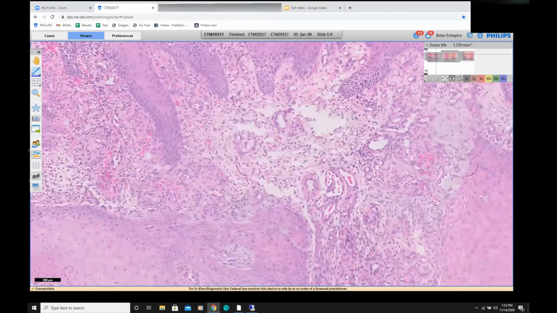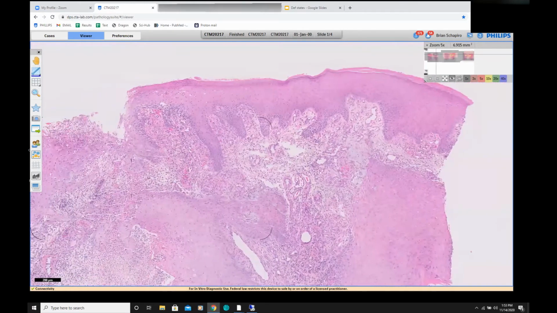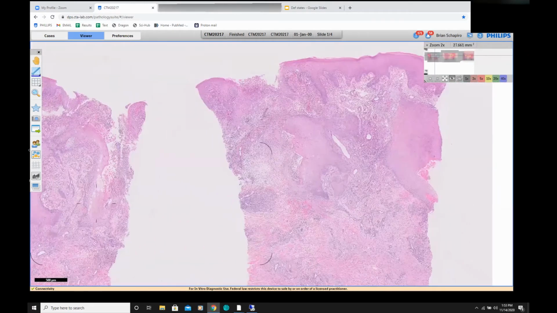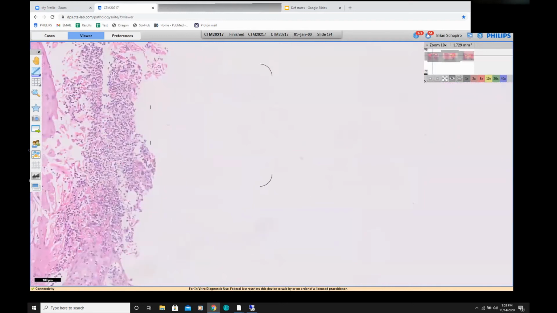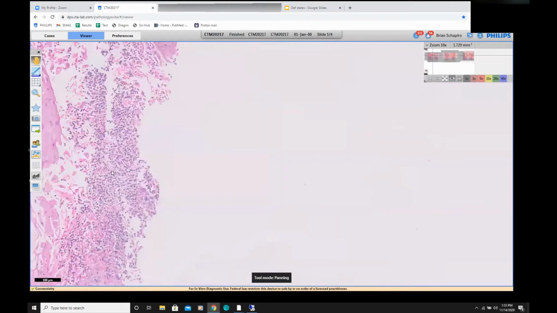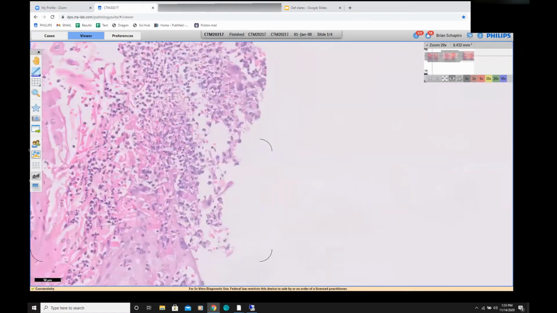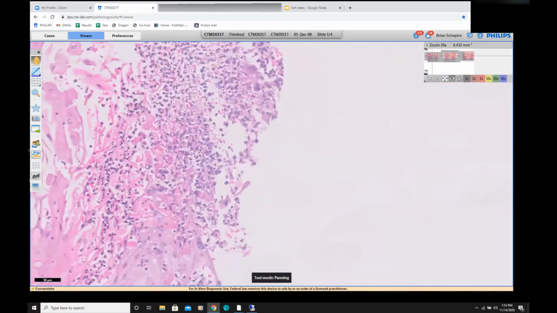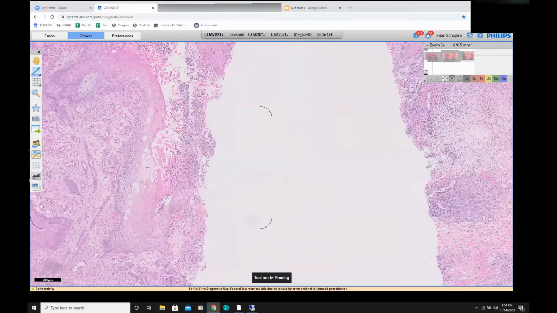Here you can see nicely the thickened walls of the vessels in the upper reticular dermis. And then at the edge here, you can see again a dense neutrophilic infiltrate with some destruction of the dermis, the neutrophils between the dermal collagen bundles here.